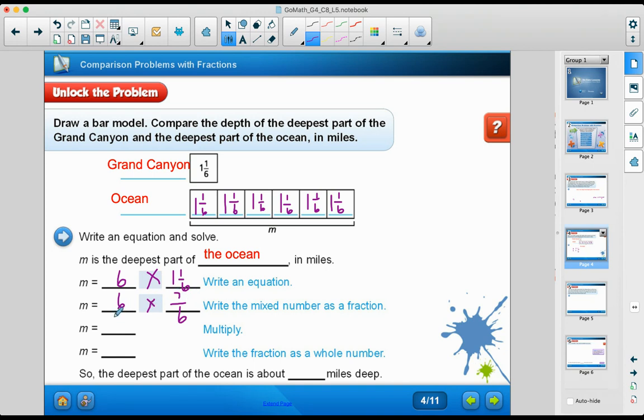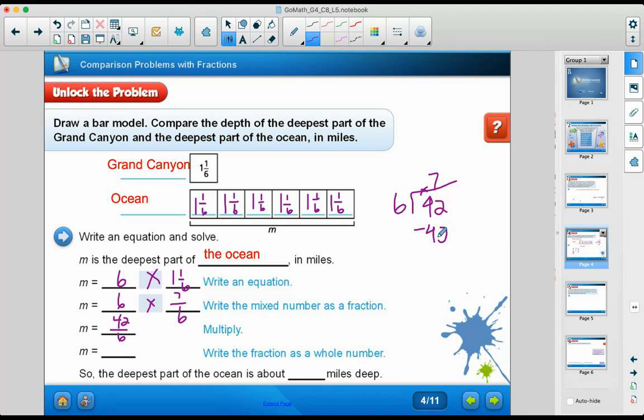6 times 7 is 42, over 6. Well, this is an improper fraction. I can't leave the answer like that. So M is, let's convert this back to a mixed number. 42 divided by 6. 6 goes into 42 7 times. 7 times 6 is 42.